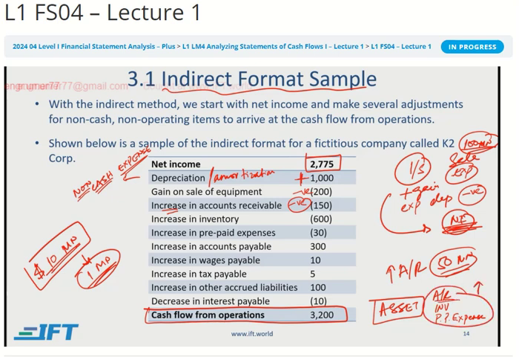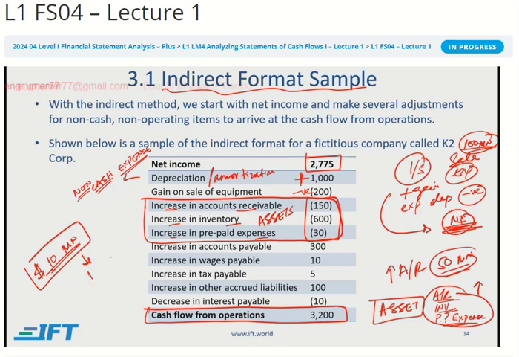Either you've supplied goods to your customers and they have yet to pay you, or you have bought inventory and you have not sold it yet, so your money is gotten stuck up in inventory, or you have prepaid for your rental or insurance and your money is gotten stuck up over here. So all of these situations, increase in prepaid expenses, increase in accounts receivable, increase in inventory, they are all assets. All three of these are assets, and increasing of assets is shown negatively on your cash flow from operations.